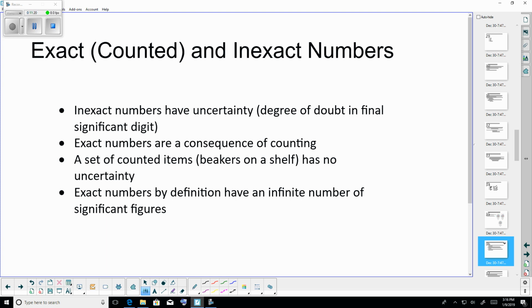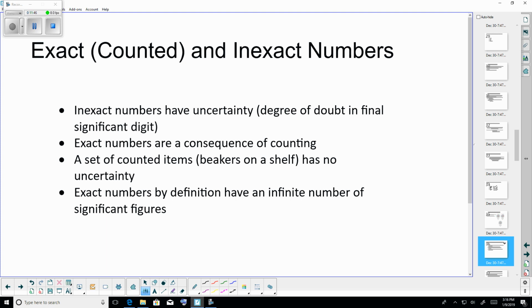And by definition, it's an exact number. 12 inches in 1 foot. Not 11.8 inches, not 12.2 inches, exactly 12. So anytime you have a number that's a definition, that's an exact number. And exact numbers are considered to have an infinite number of significant figures.